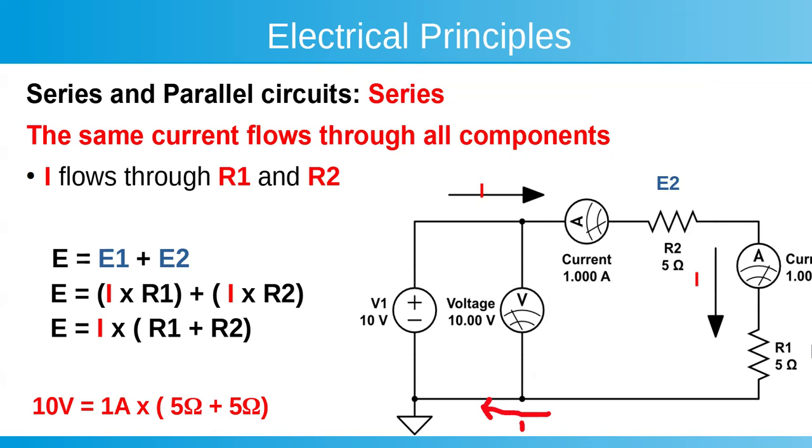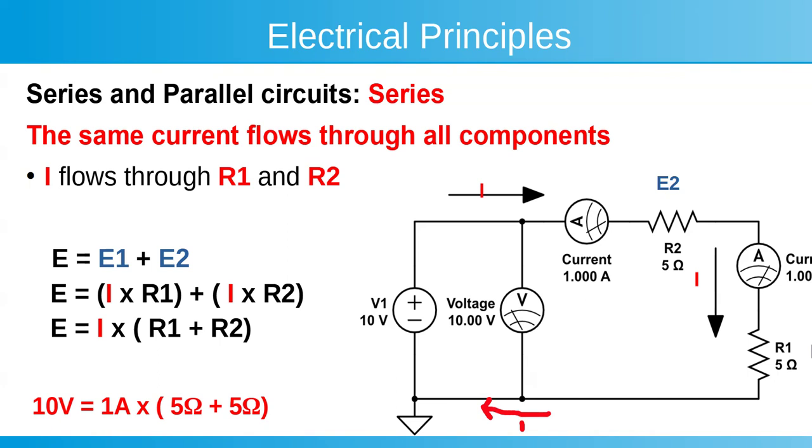And if we try to calculate it, applying Ohm's law, we can calculate the voltage drop across each of these two components. They should add together to equal the source voltage. So if we have 10 volts here, E1 plus E2 should equal 10.